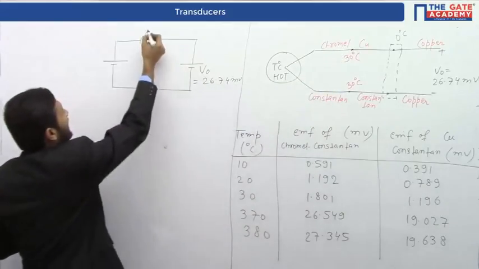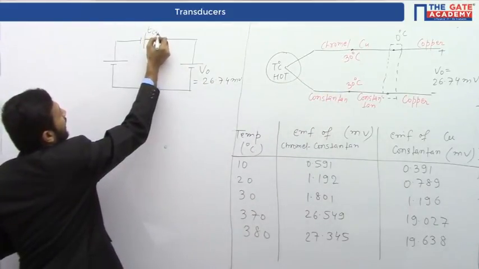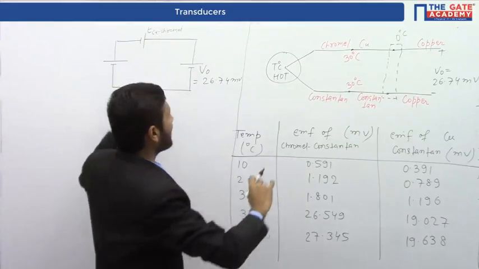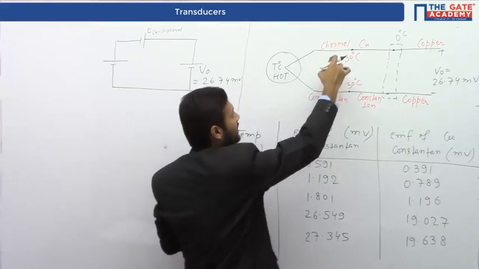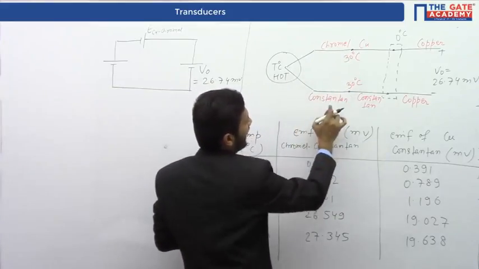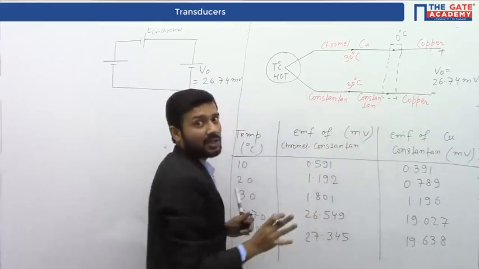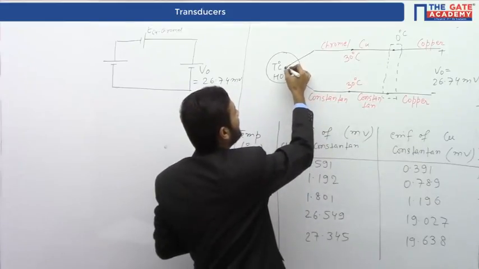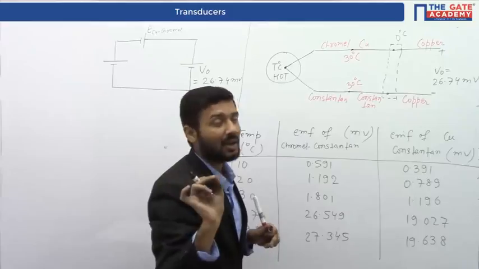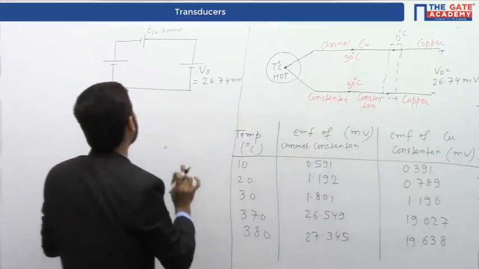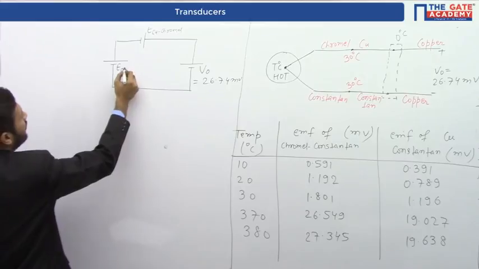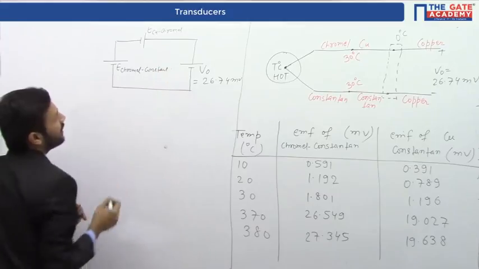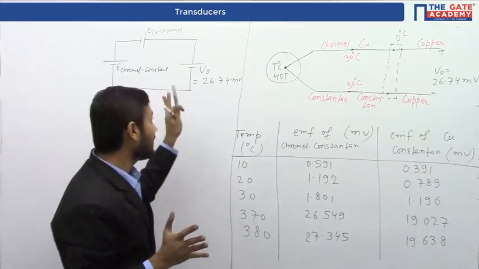So we can write the EMF of this as E copper chromel. And this battery is for chromel constantan. And this is constantan, both are same. That's why we can't replace this junction as a battery. So we are just going to replace this junction as a battery of EMF E chromel constantan. So this is E chromel constantan.